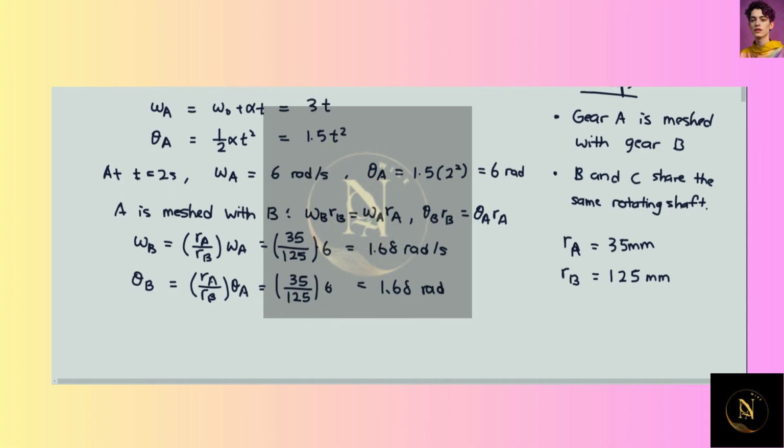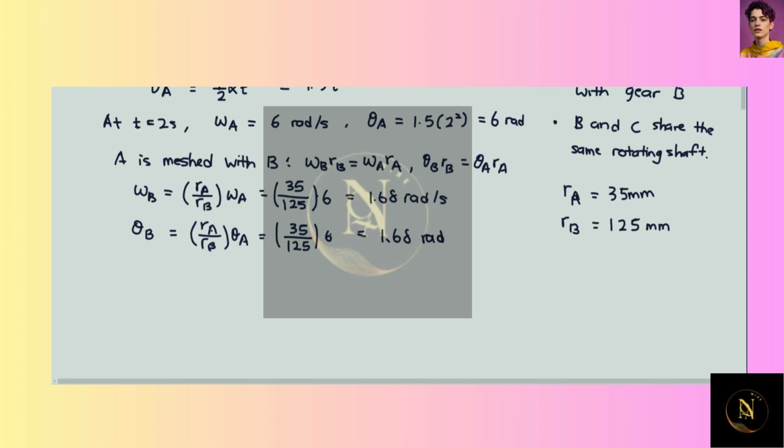Okay, and then we say that we are given that B and C share the same rotating shaft.